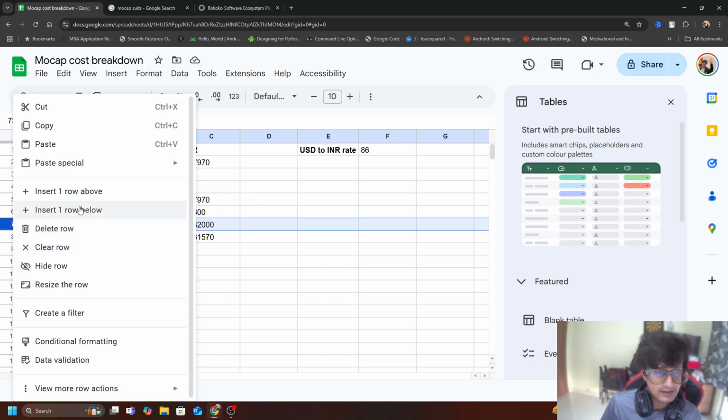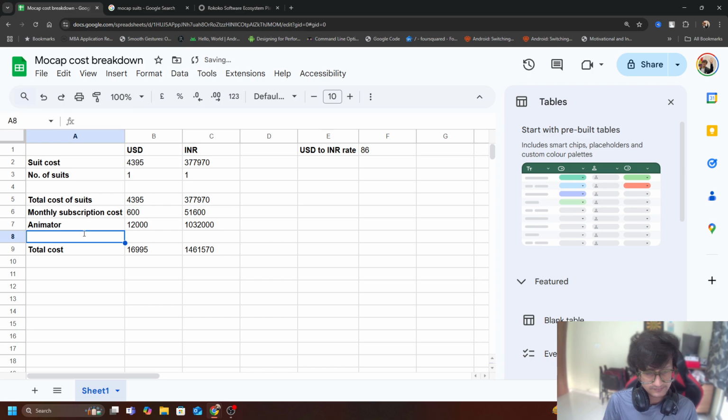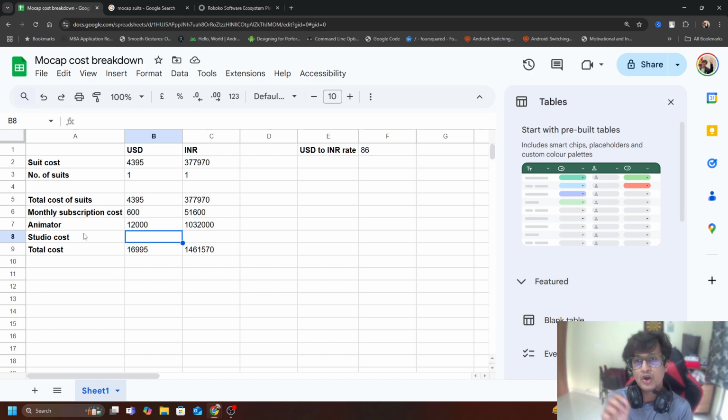Now, one more thing that you have to add over here is studio, okay, because you have this suit now, you have the software as well, but you will also require a place to record that particular animation, right? And let's assume you are getting that space for 5 days.